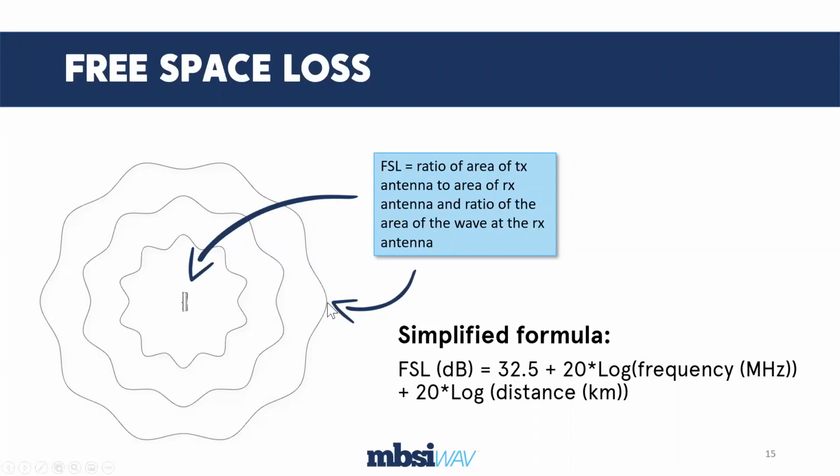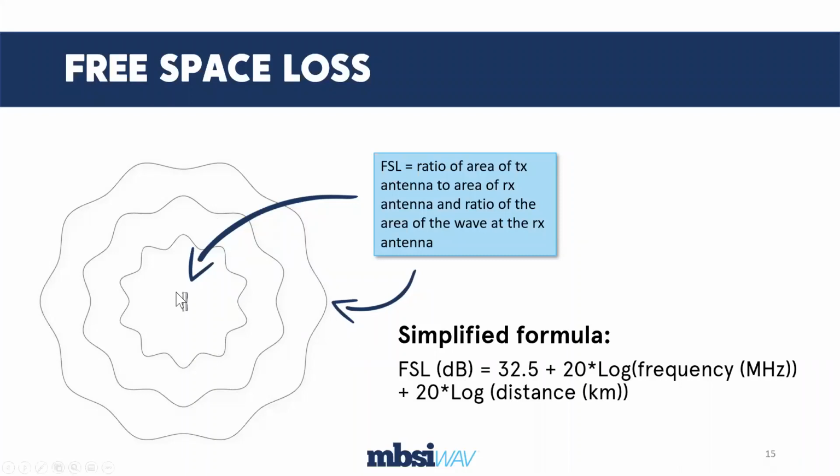So what is free space loss? The energy that the receive antenna can capture is related to the energy that the transmitting antenna has sent out. But you can see here that we're sending energy in every direction, but our receive antenna is only intercepting a very small portion of that wave that was radiated.